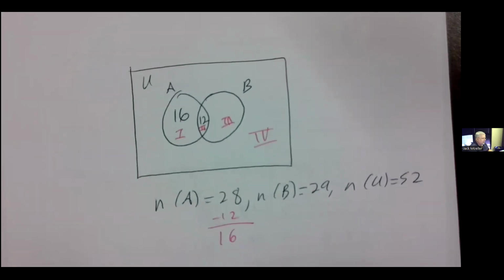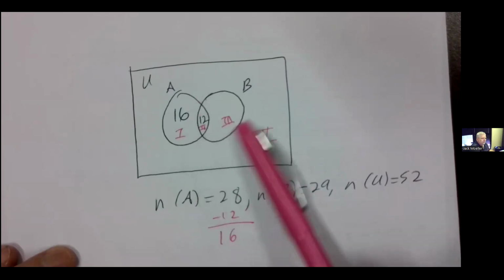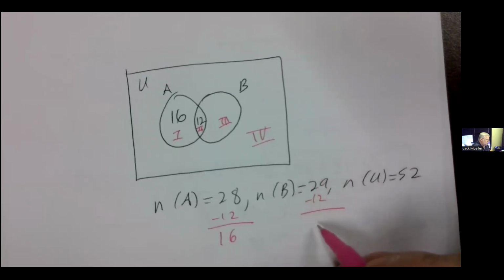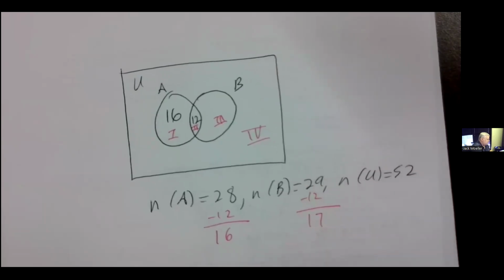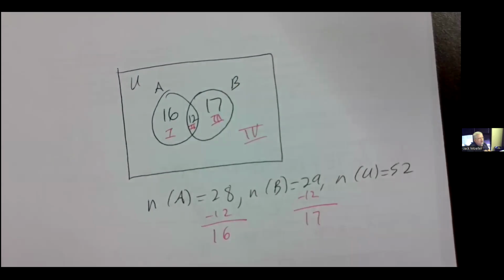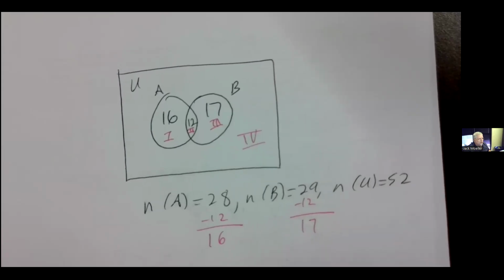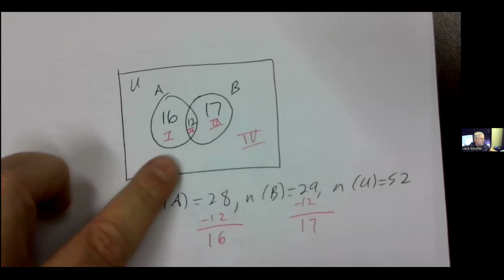And then the same with B. B is the entire circle, already accounted for 12. That leaves us 17. So that 17 goes in only B, for a total of 29. So then what do we do with the number in the universe? Well, we haven't got the number out here.